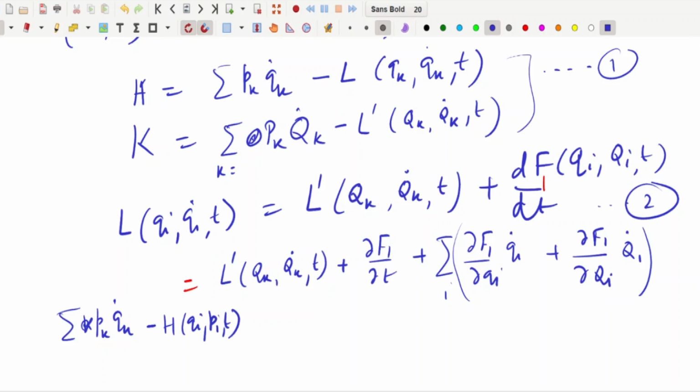Then for L prime we substitute the sum over k of capital Pk Qk dot.